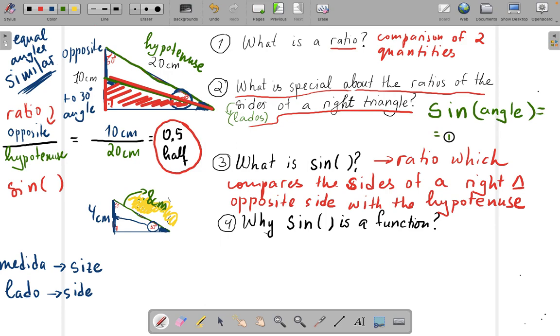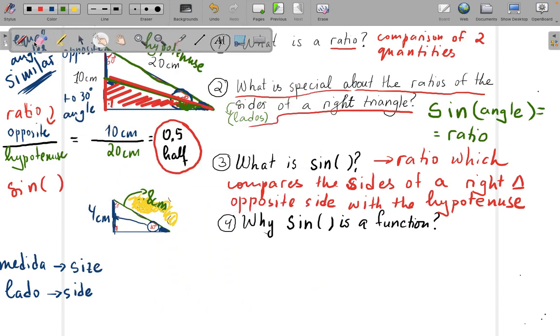Es igual a un ratio, pero este ratio depende del ángulo opuesto al lado que estamos comparando, ¿ok? So, en otras palabras, sine no es solo un ratio, pero también sine es una función.